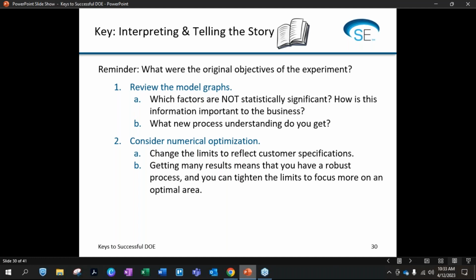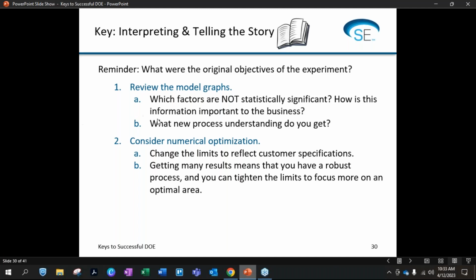But step one, ask yourself, which factors are not statistically important? Which things got set aside? Is this information important to your business? Often it is just as important to find which things do not affect the response as it is to find which things do affect the response.